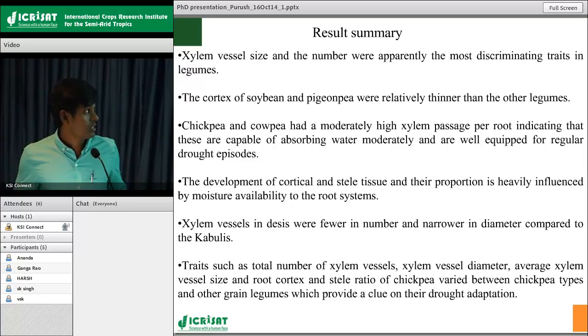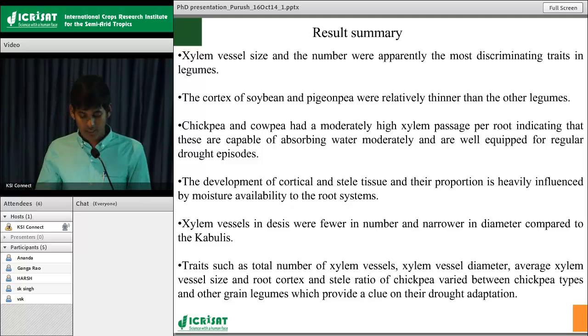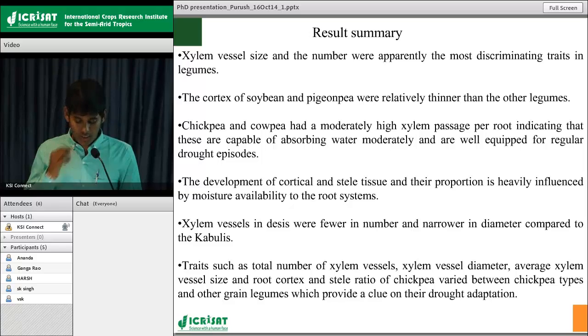The xylem vessels in Desis were fewer in number and narrower in diameter compared to the Kabuli types. Traits such as total number of xylem vessels, xylem vessel diameter, average xylem vessel size, and root cortex and stele ratio of chickpea varied between chickpea types and other grain legumes, which provide a clue on their drought adaptation.